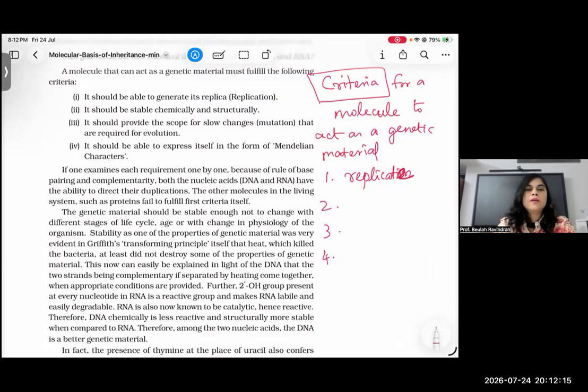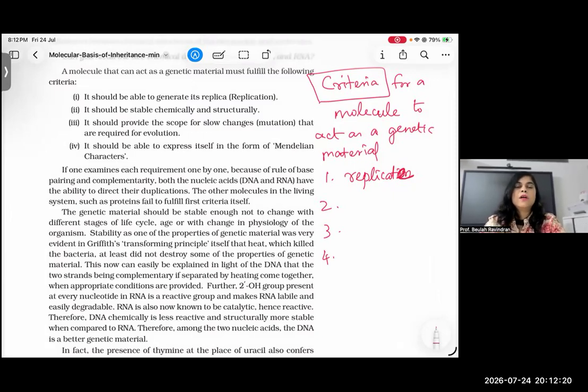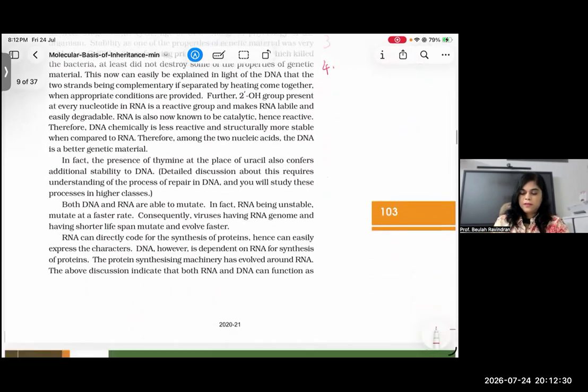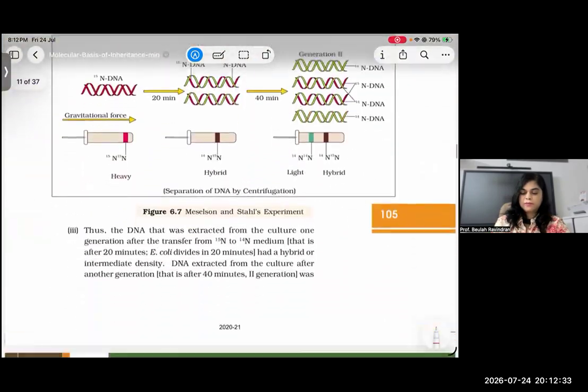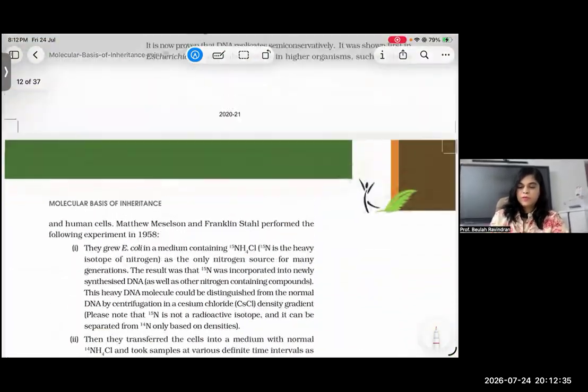And also you have to learn how the DNA and RNA is differentiated. So comparison of DNA and RNA as genetic materials, how it will be. So that is very important for you. Okay, if you want, I will explain you this also. You must know both.